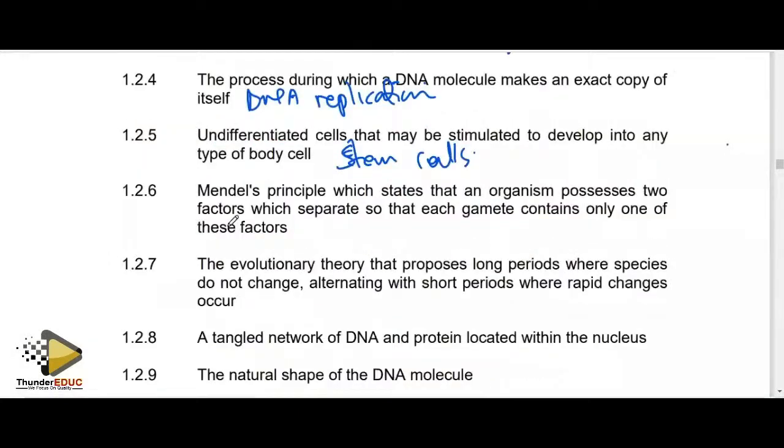So the question is asking for the principle which states that an organism possesses two factors which separate so that each gamete will contain only one of these factors.